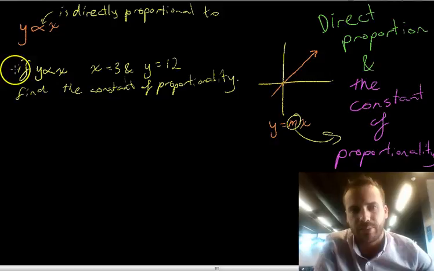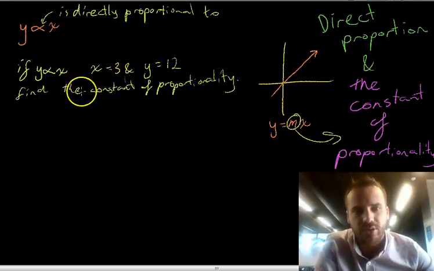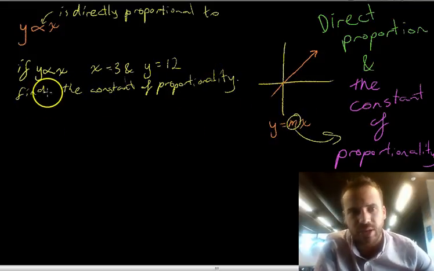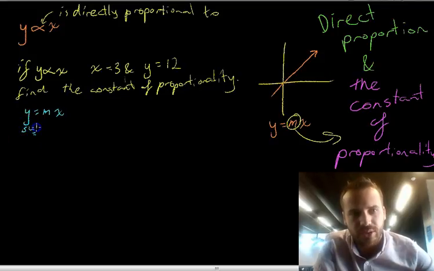So here's a quick example. If y is directly proportional to x, x equals 3 and y equals 12, find the constant of proportionality. Now we know that the constant of proportionality is that thing. If it's directly proportional, we know it can be written as y equals mx. And we also know that there's a point on it, so sub x equals 3 and y equals 12.